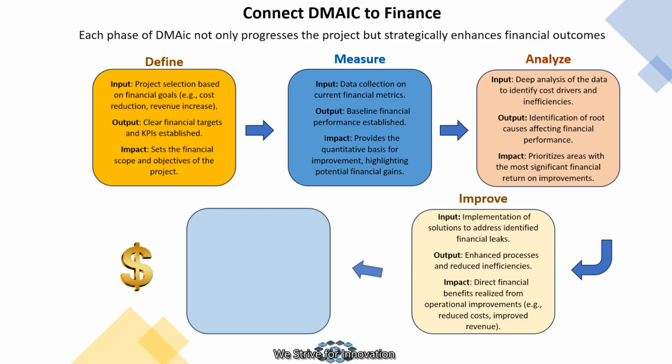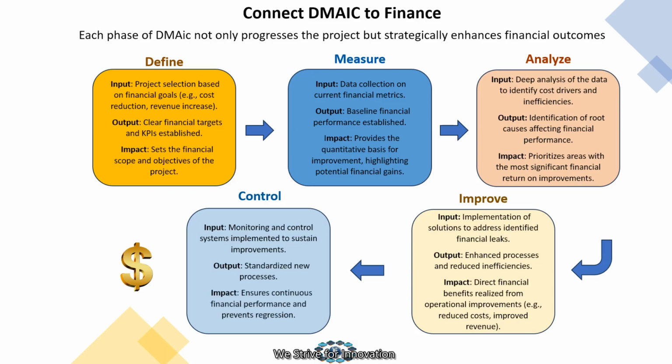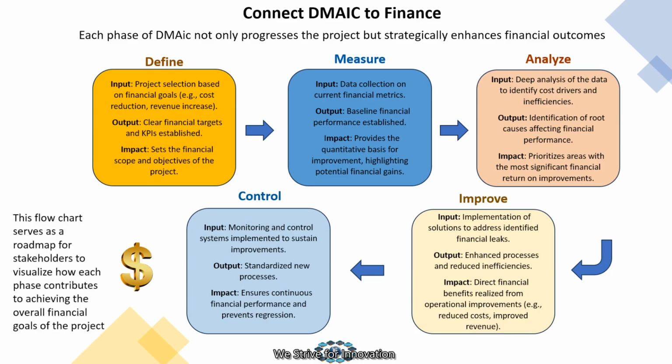Now we will move to the control phase. Here our input will be what? To monitor and control the system implemented to sustain improvement. What would be our output? Standardized new processes. And the impact, of course, is ensuring continual financial performance and preventing regression, meaning going backward to the way it used to be.